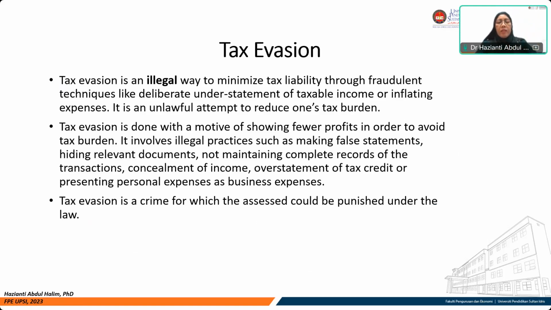As we learned in our business deductions, only business expenses can be deducted, not personal expenses. But if people want to reduce their tax liability, sometimes they use illegal practices. And tax evasion is a crime for which the assessed could be punished under the law.